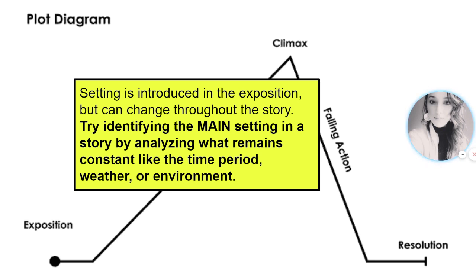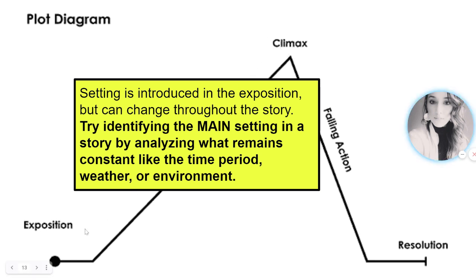So then we go into the plot diagram that we talked about yesterday. Setting is introduced in the exposition for the most part. And typically it is because it is the most common way to start a story. So we try to identify the setting in the exposition. Sometimes, though, the setting will change throughout the story, kind of like an adventure.